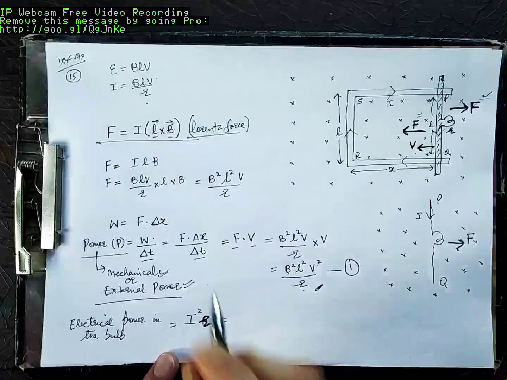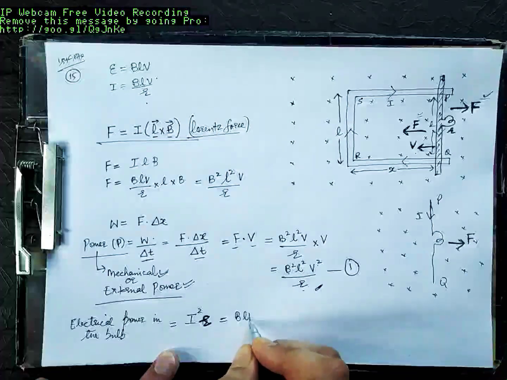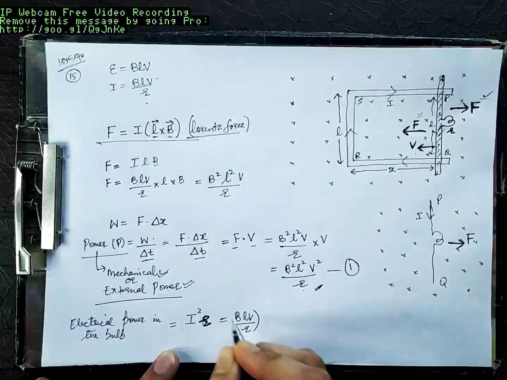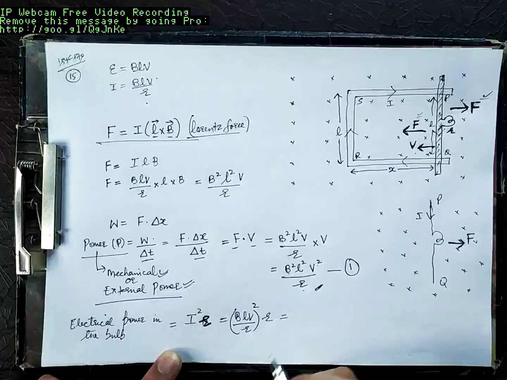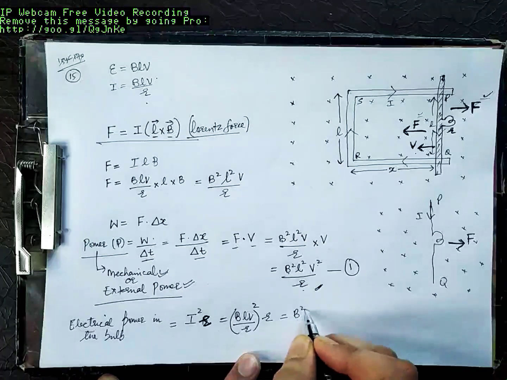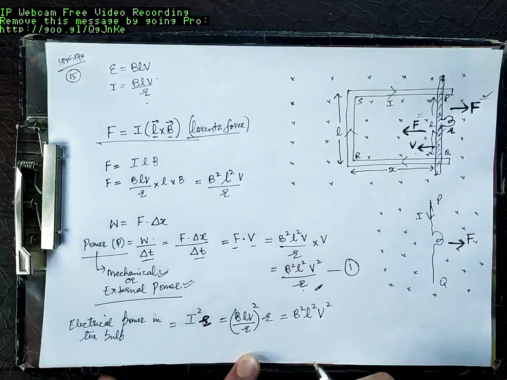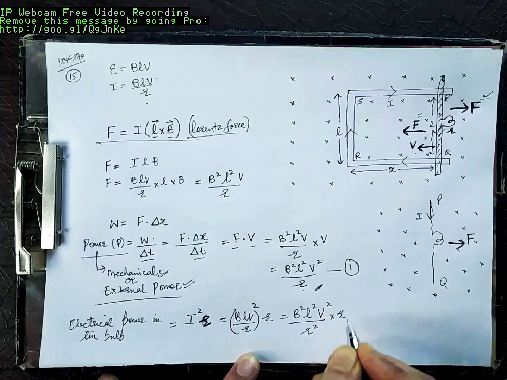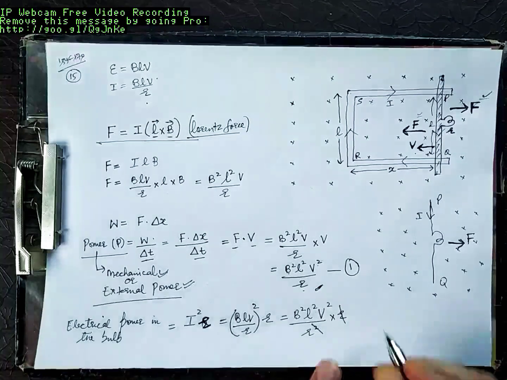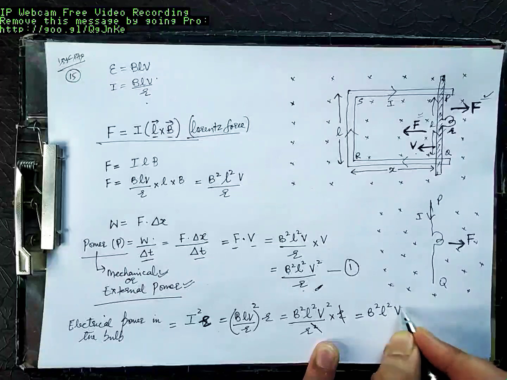Current I we already mentioned here. It is B L V divided by R, whole square, multiplied by r. This becomes B square L square V square divided by R square into r. This r will go with one R. So this becomes B square L square V square divided by R.